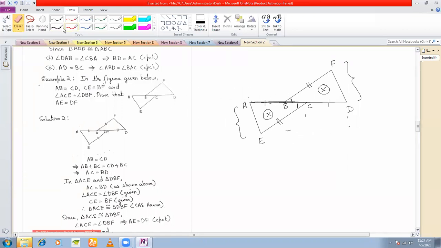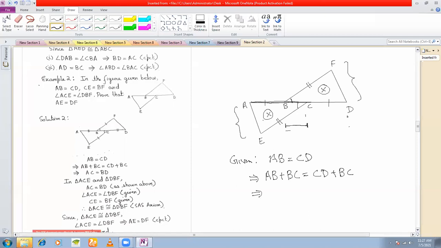How do you prove? We start with the given length. Given here, AB is equal to CD, right? This is given to you. If you see BC, this length is in between. So what you do is you add BC to both sides. You add the length BC to both sides. AB plus BC is equal to CD plus BC.